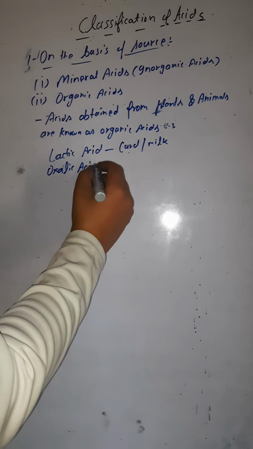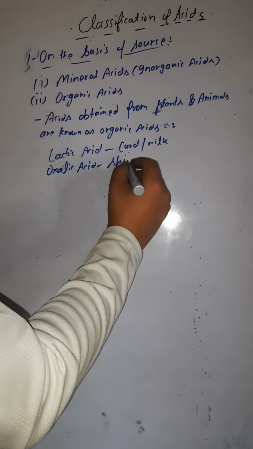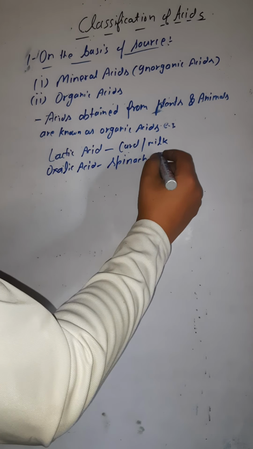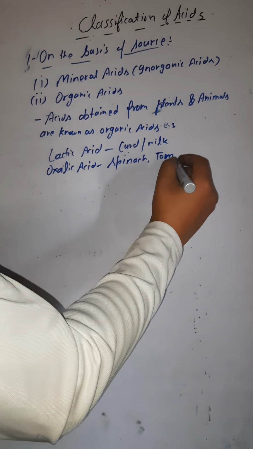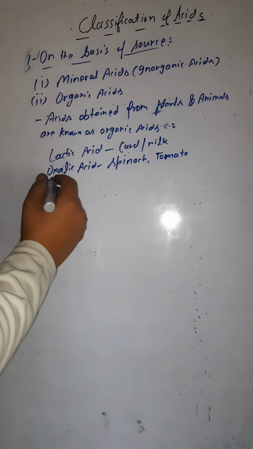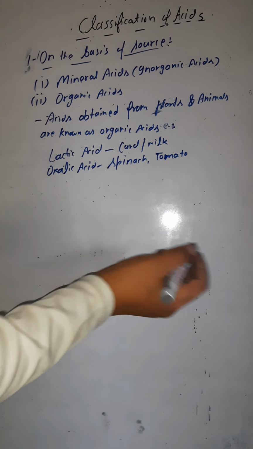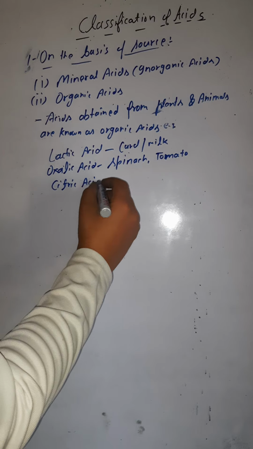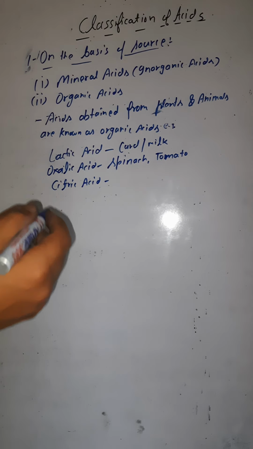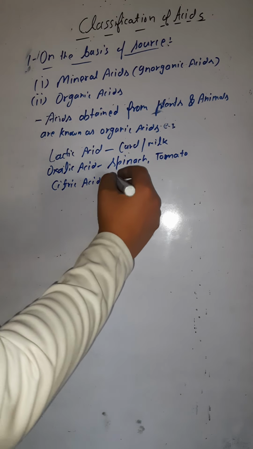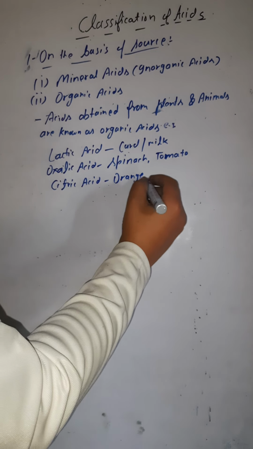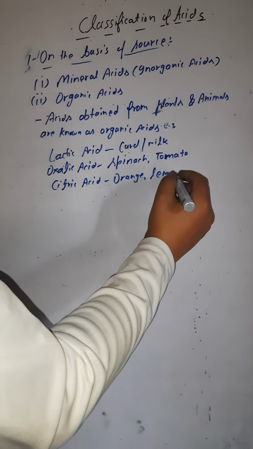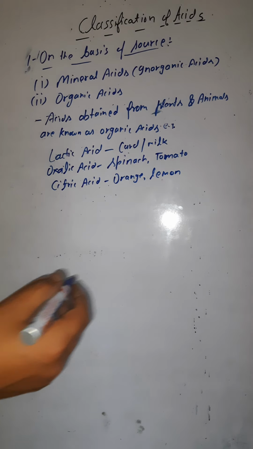You would find this in spinach and tomato. Then next is citric acid. You can find this citric acid in all the citrus fruits like orange and lemon. All these contain citric acid.